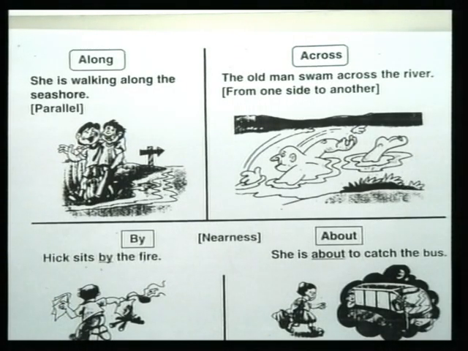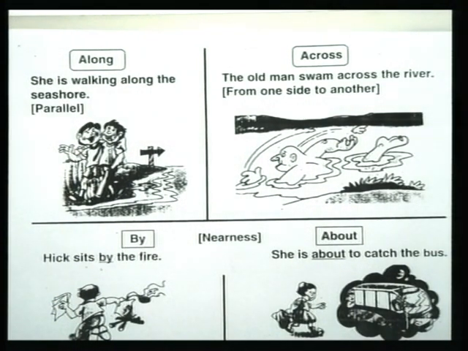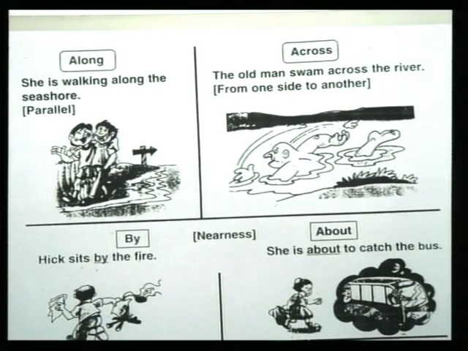And remember, friends, whenever you get lost anywhere in the world, if you walk along the seashore, there will be some destination and you will find people around you. So you won't be scared if you walk along the seashore. She is walking along the seashore, that is parallel.